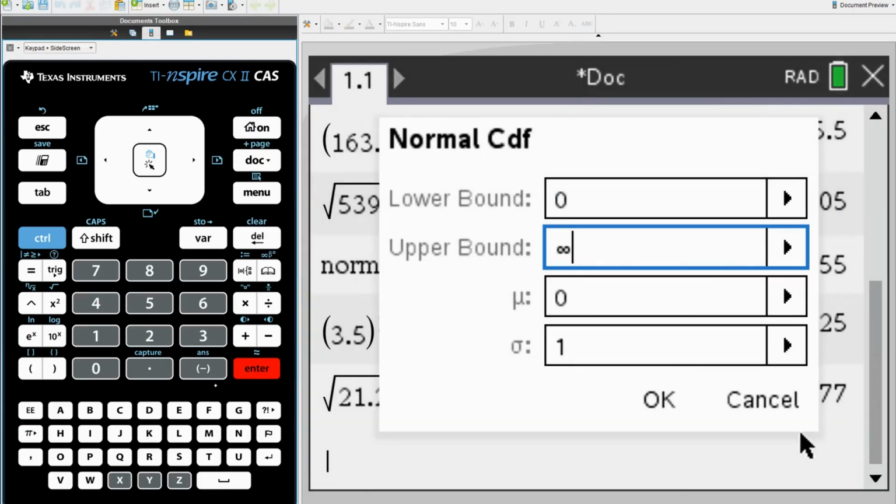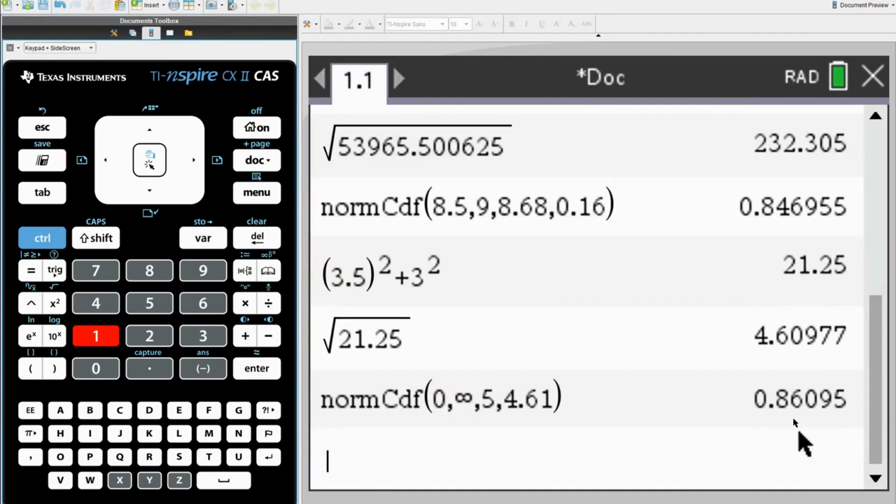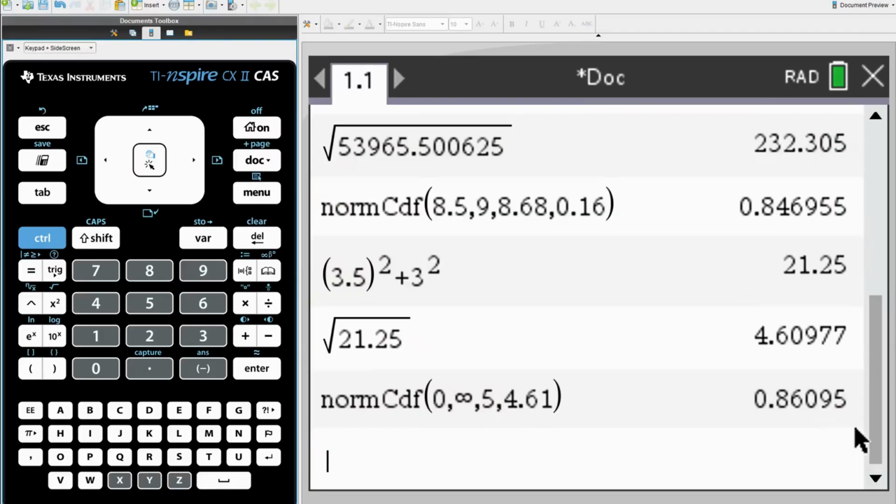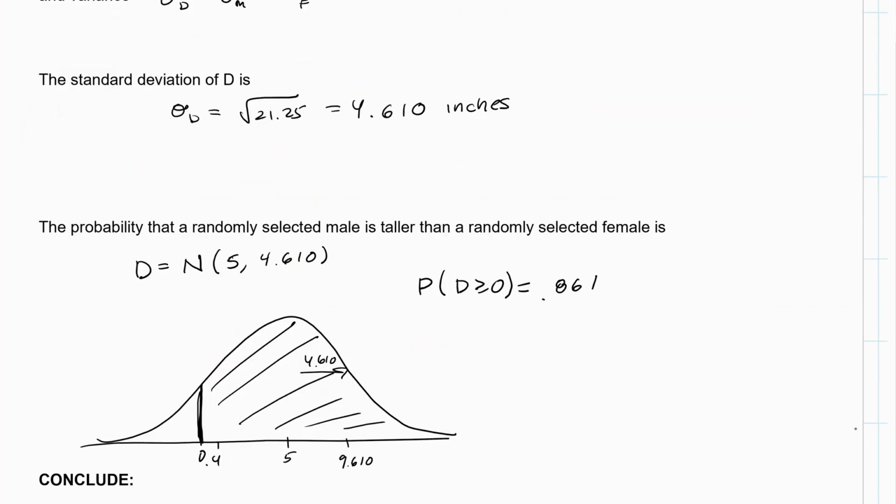Our mean was 5, and our standard deviation was 4.61. And we get a little over 86%. 0.861.